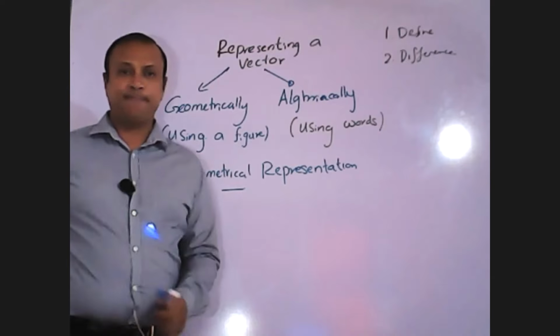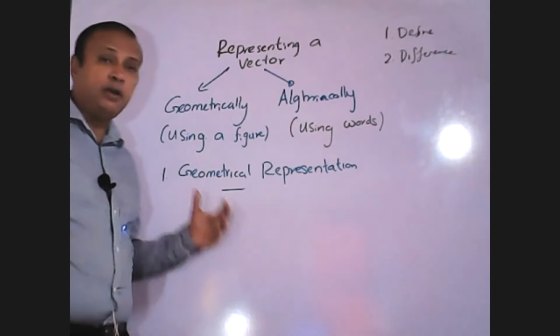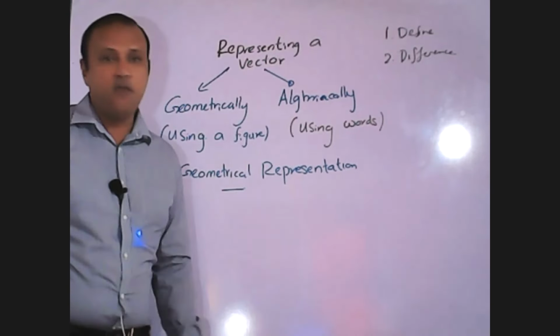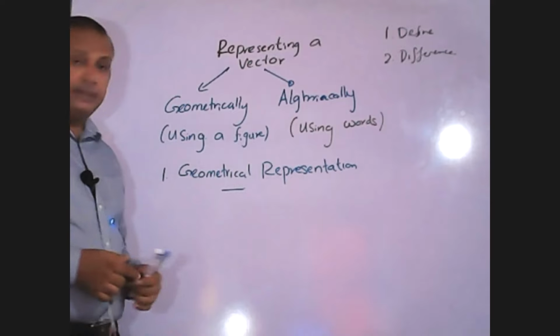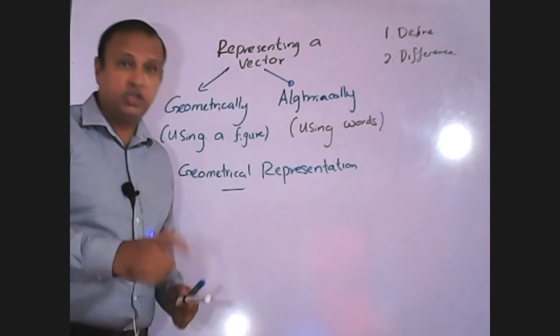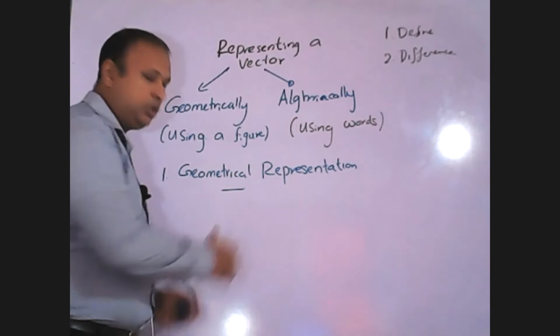In geometrical representation, we have to use a figure to represent a vector. In this case, we have to show both the magnitude and the direction of the vector using a figure.